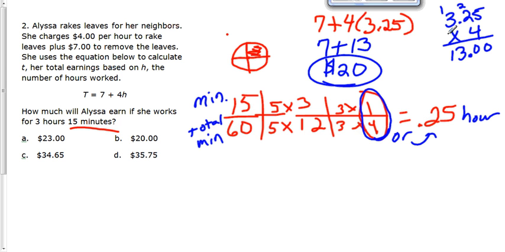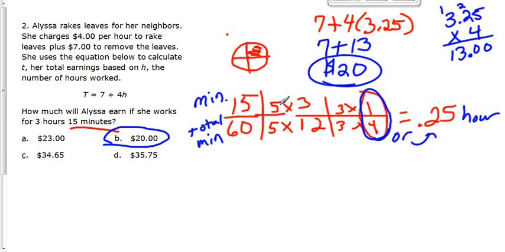Okay, so in this case we had 3.25 times $4 per hour gave us $13. So she's making $13 for raking the leaves and $7 for just her leaf removal. So she's going to make a total of $20. So here my answer is actually B, $20.